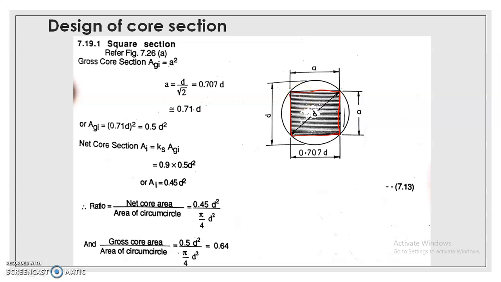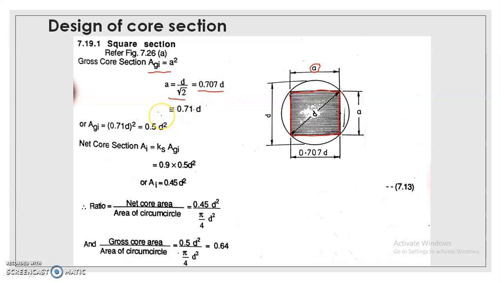The square core having one side of a. So you can calculate the area of that square, that is nothing but a square, which is called AGI, gross core section. And if you are calculating d, that is the diameter of the circle or diagonal of that square, then a is equal to d upon root 2, that is 0.707 d.